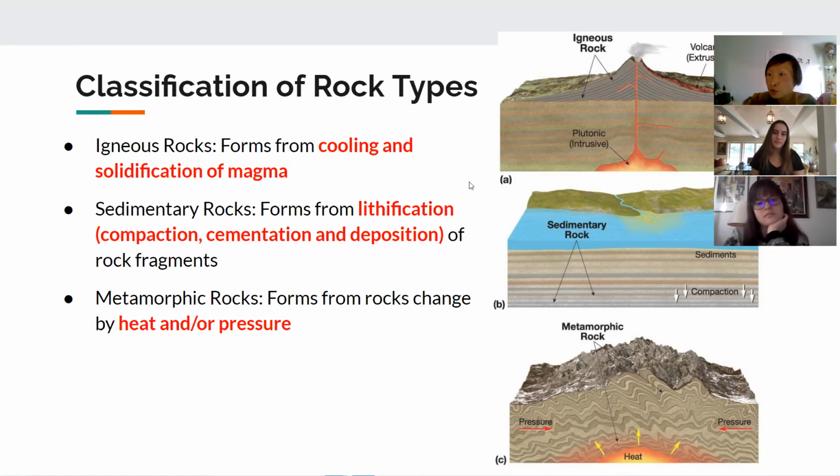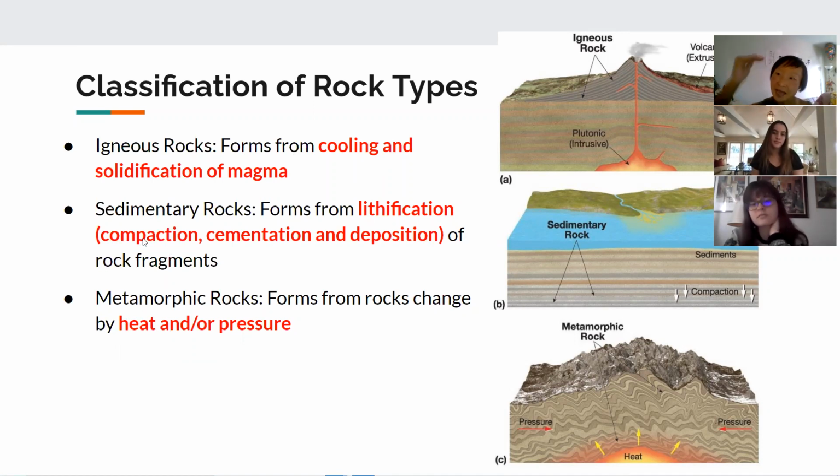But if you rebake, recook those igneous or sedimentary rocks, you will change the characteristics of your older rock. You will have your metamorphic rock. So sedimentary and metamorphic rock are made in different ways. Metamorphic requires heat and pressure, and this one requires the compaction, cementation and deposition of your rock pieces.